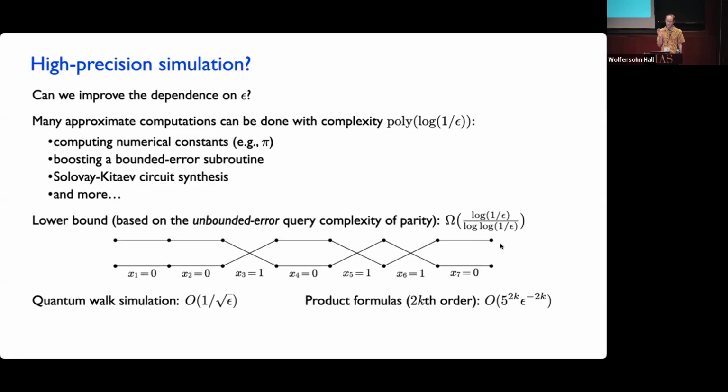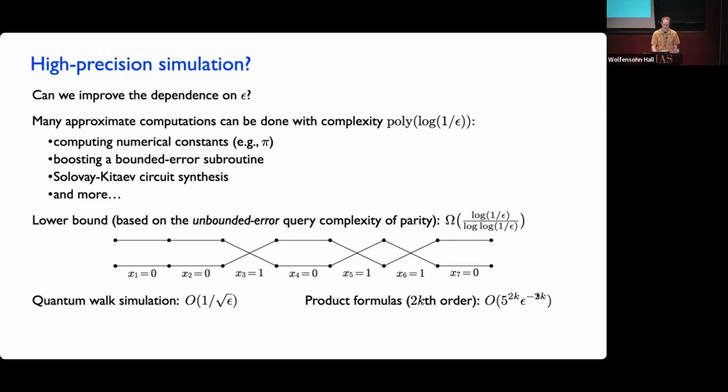On the other hand, what we can actually achieve is quite far from this lower bound. There's the quantum walk simulation that I mentioned that scales like 1 over root epsilon. If you take product formulas and use higher order product formulas, you do better. You can get an arbitrarily high power of 1 over epsilon, so the scaling gets better and better as you take higher order formulas.